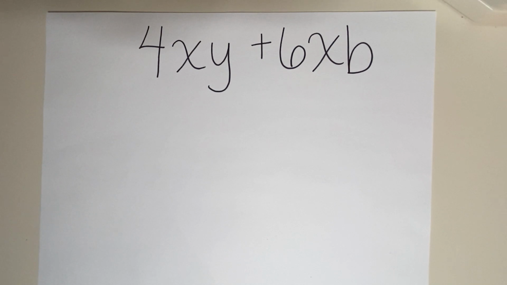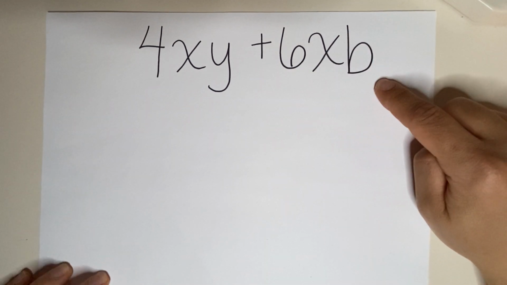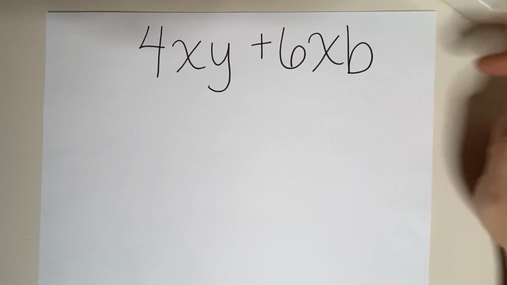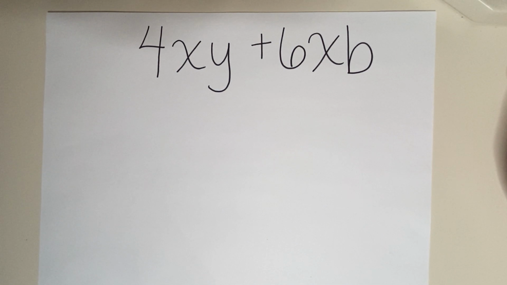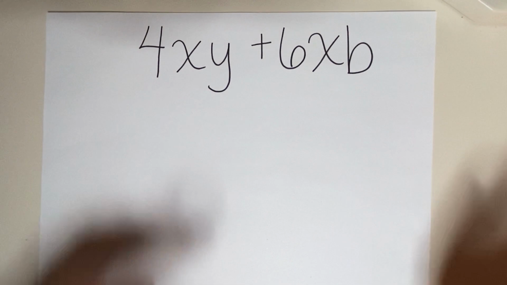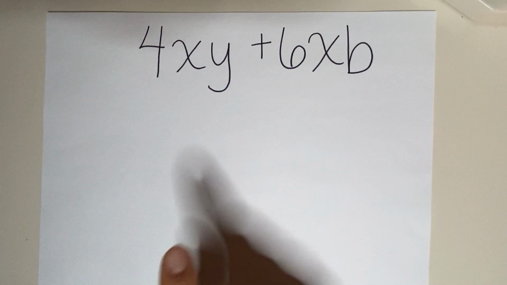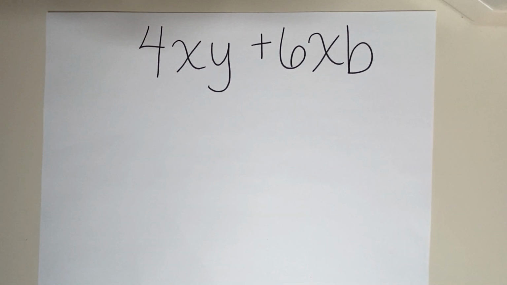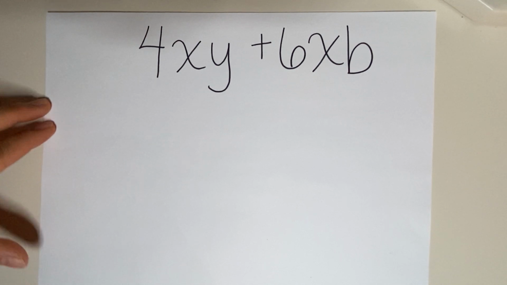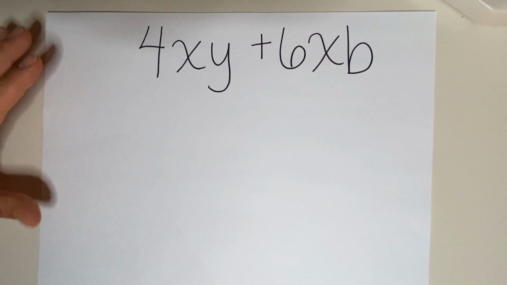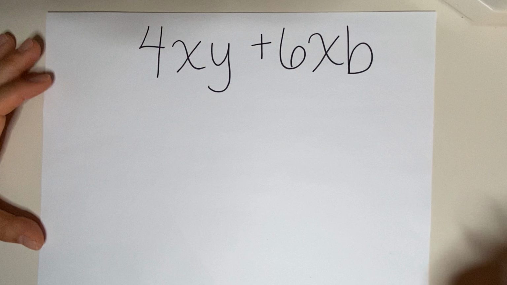Well, this lesson is all about the distributive property. So let's find a way to write this using the distributive property. And what we want to think of is, what do they have in common that I can take out? So I'm going to show you 3 ways you can write this expression using the distributive property.